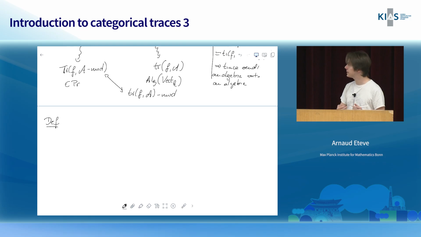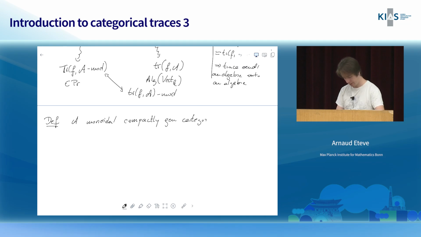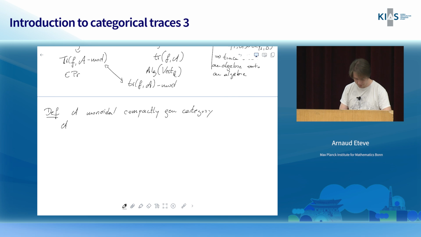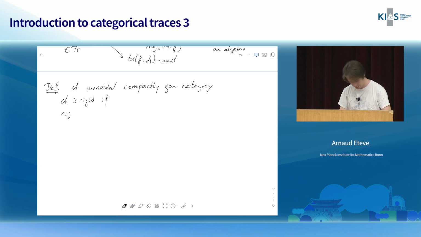For my sake, I will assume that categories are compactly generated. So we'll take A to be a monoidal, compactly generated category. And it says that A is rigid.